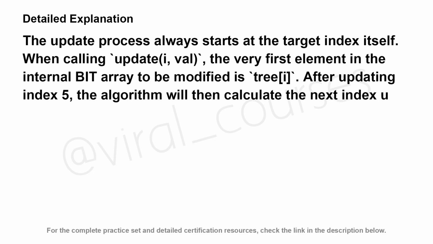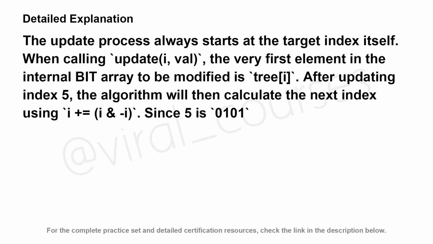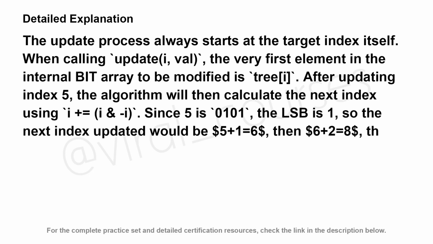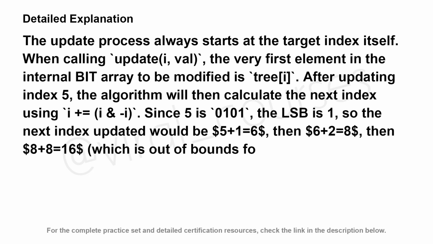Since 5 is 0101, the LSB is 1. So the next index updated would be 5 plus 1 equals 6. Then 6 plus 2 equals 8. Then 8 plus 8 equals 16, which is out of bounds for n equals 10.